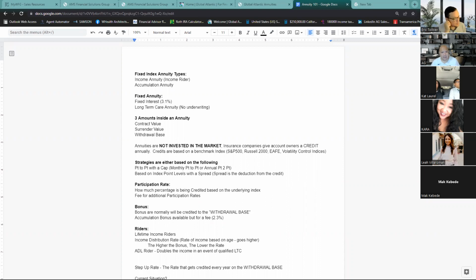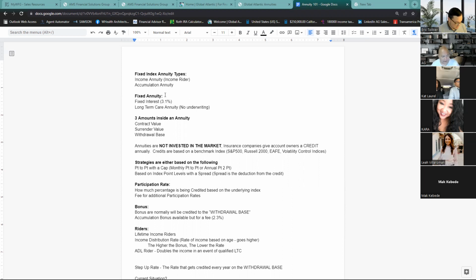These are the ones that protect their money from losing money because of the stock market. So there are fixed index annuities, and then there are also fixed annuities. Those are different. Now, some people classify fixed index annuities under fixed annuity, but they're not the same.